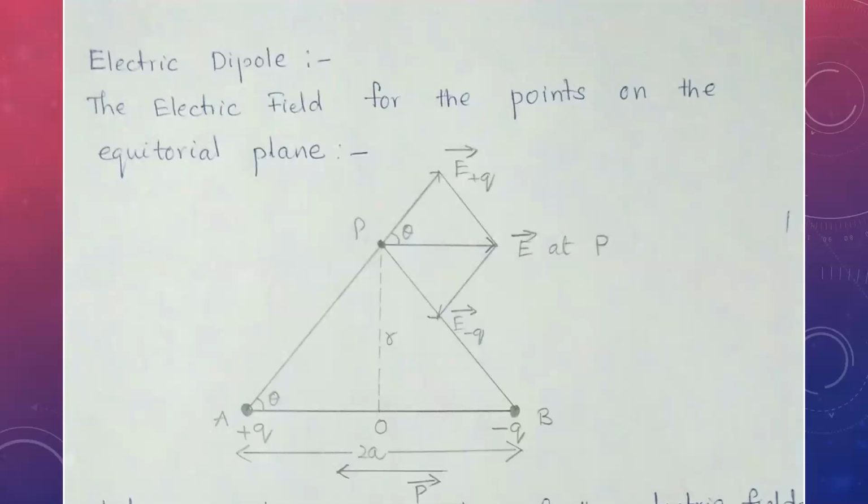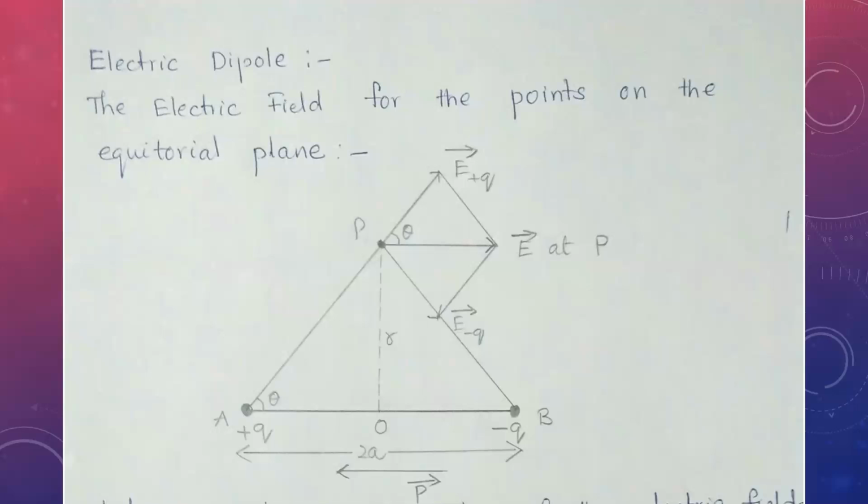Therefore, plus q is placed at A, so the electric field due to q is outwards. The arrow goes outwards from A through P. That is shown as E plus q vector, the direction of the electric field due to the positive charge plus q.